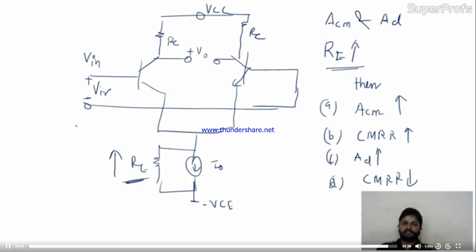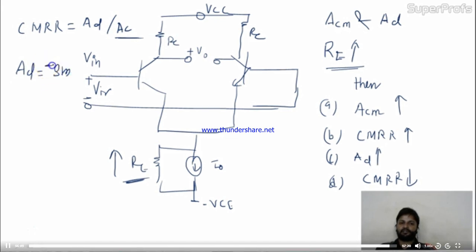So in the last class we have seen CMRR is AD divided by AC. AD we calculated there, AD equal to GMRC minus GMRC, and AC also we have seen, AC was RC by RE. Okay, AC was dependent on this RE.